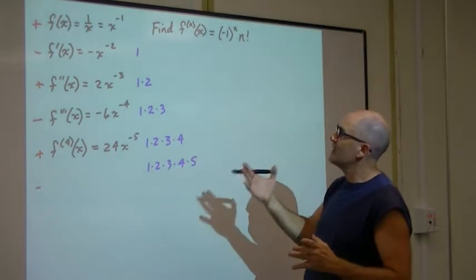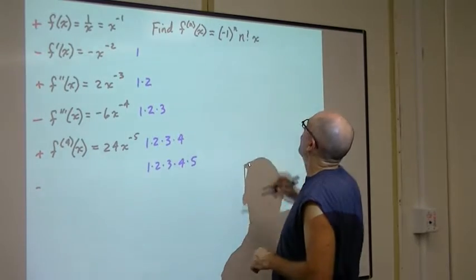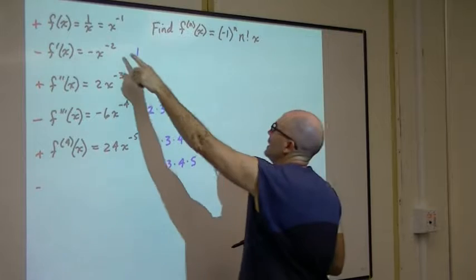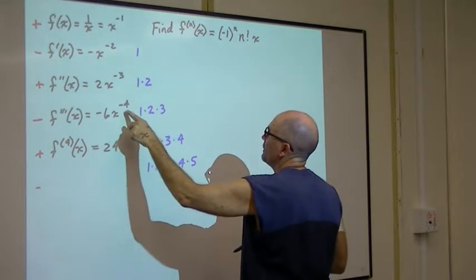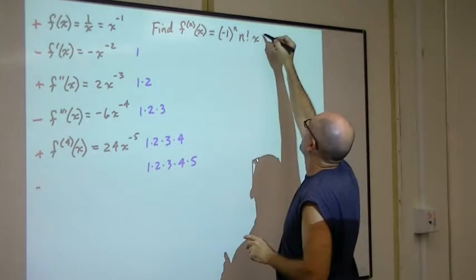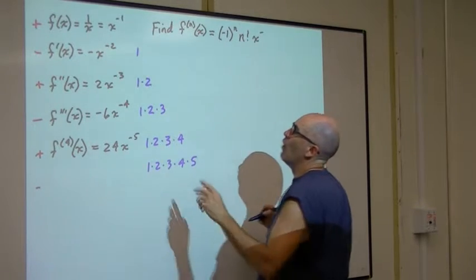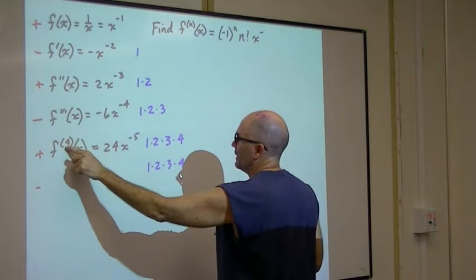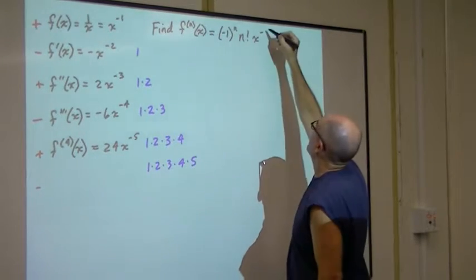We've got x to some power. So we go x to the what power? Well, the first derivative, it's -2. Second derivative, -3. Third derivative, -4. So notice all of them are negative. And they're always one more than the derivative. See, this is the fourth derivative. I've got -5. So how do I say that?